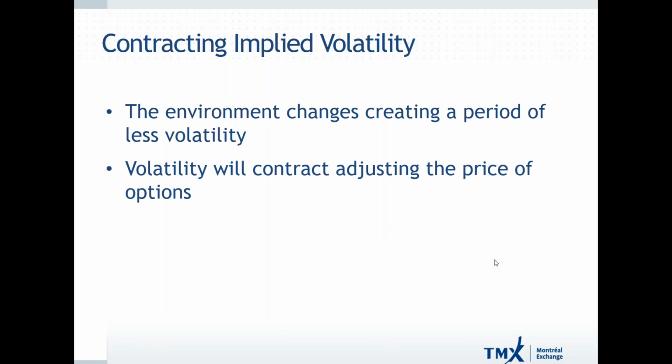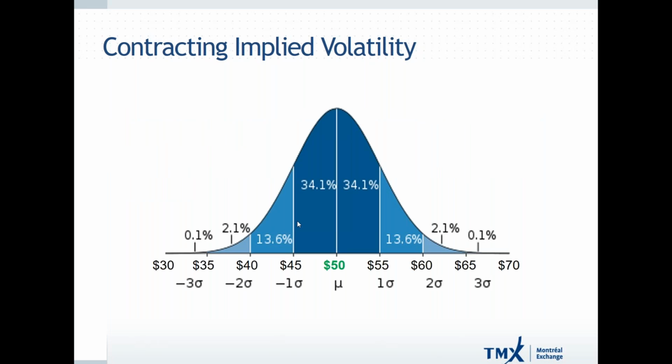And that's really essentially just an environment where the market is no longer as concerned about the uncertainties, and as a result, the option contracts begin to be priced more in line with the historical volatility of the underlying security.